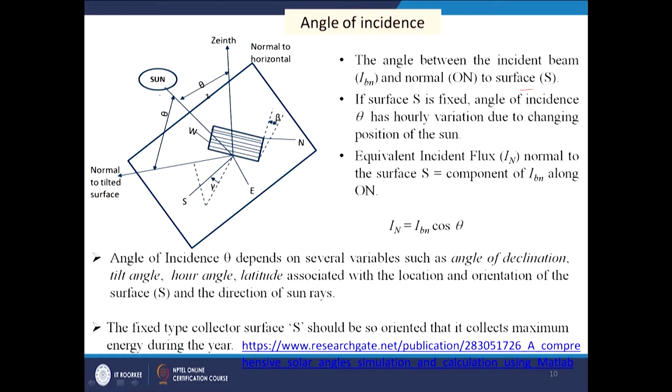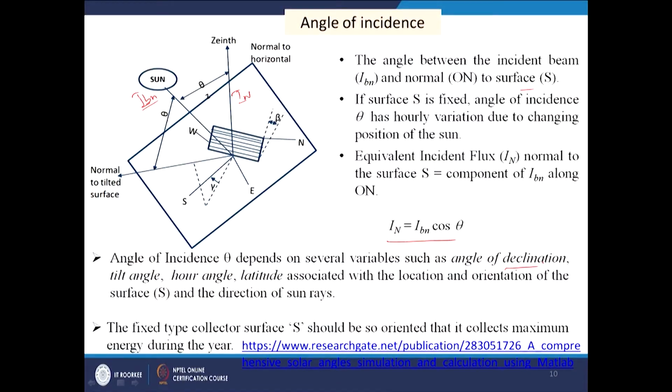Now, if this is our IBN, the intensity of light here, then normal to the plate we will get IN. So, IN is equal to IBN into cos theta. This is the relationship between IN and IBN.